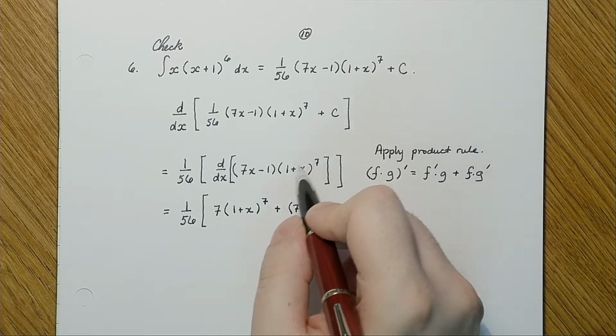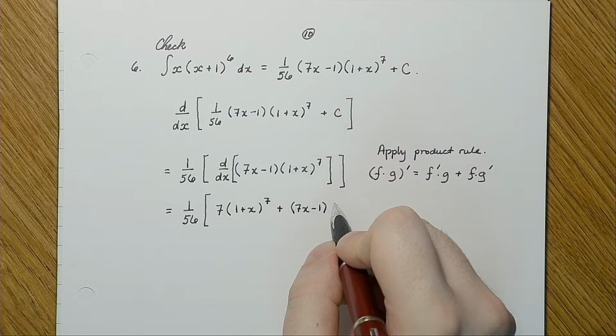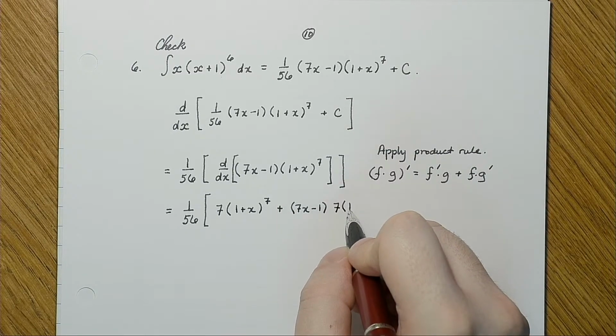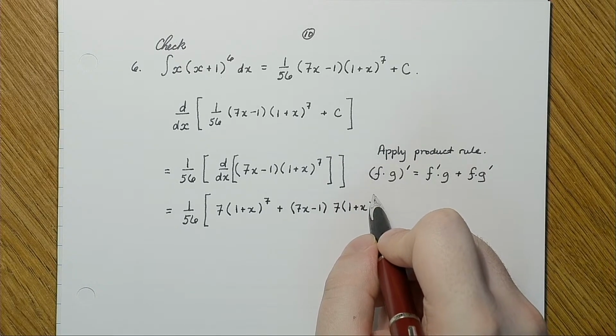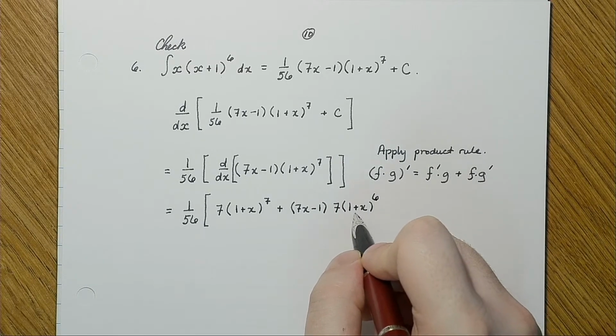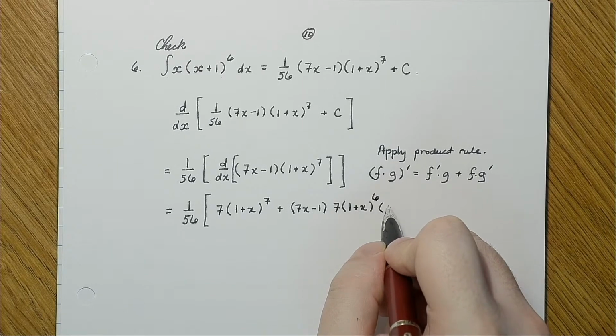So in this case I have 1 plus x to the 7th, so the 7 comes down. I'm using my chain rule. The 7 drops down by a degree, so it becomes 6. And the derivative of the inside is 1.